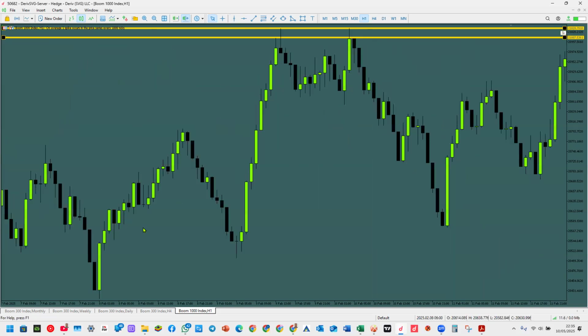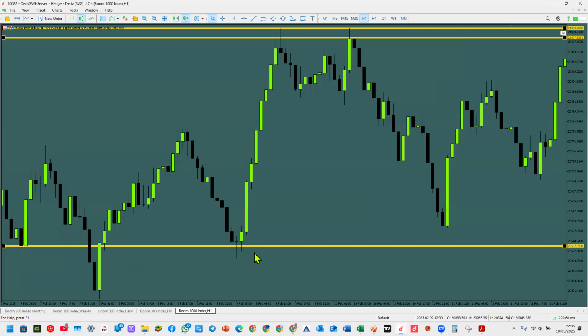And here's another beautiful one. But just look at where it's coming from. This one, fantastic. This is also coming from a demand zone. Perfect move.